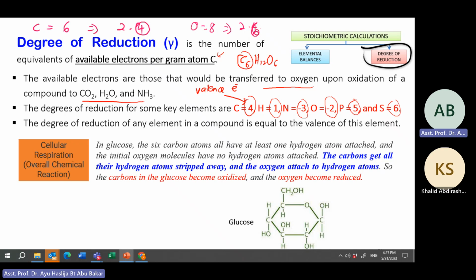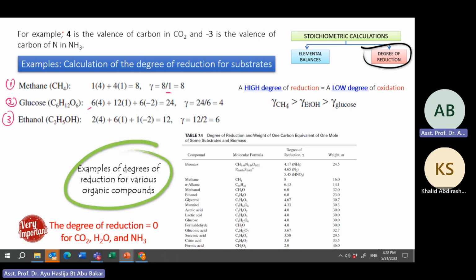It transferred the electron to the NADH, remember? Okay, so it involved the valence electron. Okay, we do some examples so that you understand further.